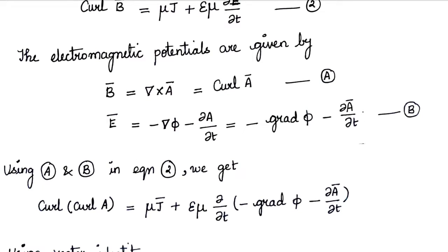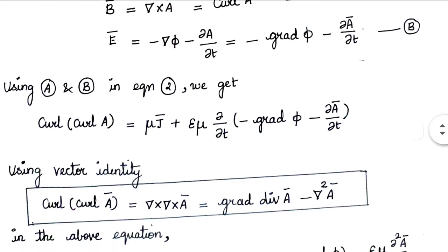When we substitute, we get in place of B, it is curl of curl A equal to mu times J vector plus epsilon mu dou by dou T. In place of E vector, we write minus grad phi minus dou A by dou T. We are all much familiar with this vector identity. Curl of curl A vector is equal to grad div A minus del square A. We have used this vector identity on many occasions.